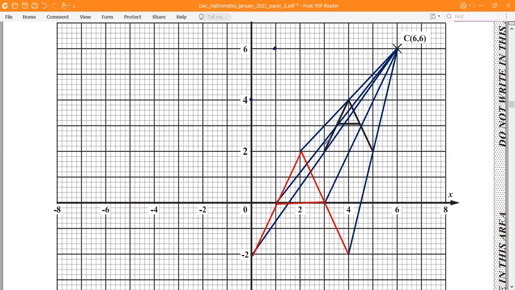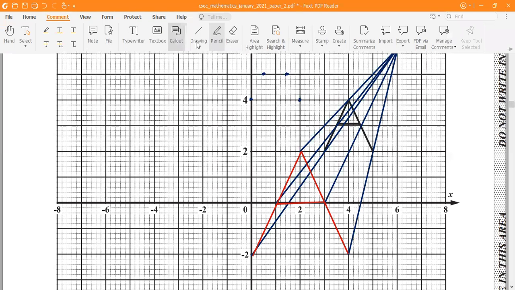Then we have 1, 2, 3, and 1, 2. We have another point here. And we go in here now. 1, 2, 3, 1, 2. So we have a point here. And then 1, 2, 3, 1, 2. We have a point here. Then we connect these dots with lines.